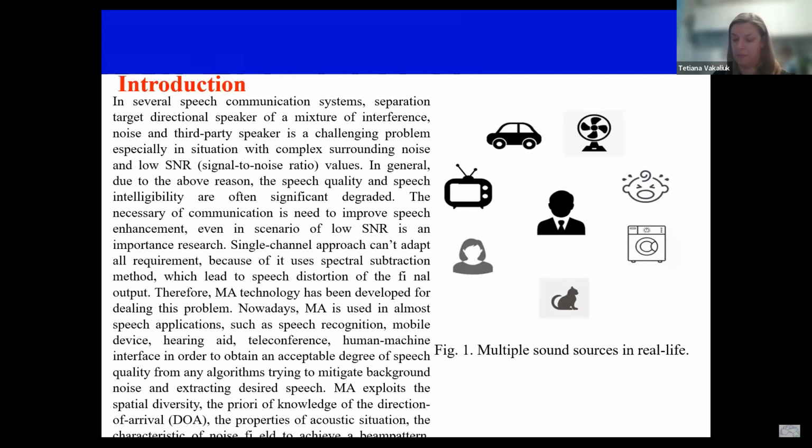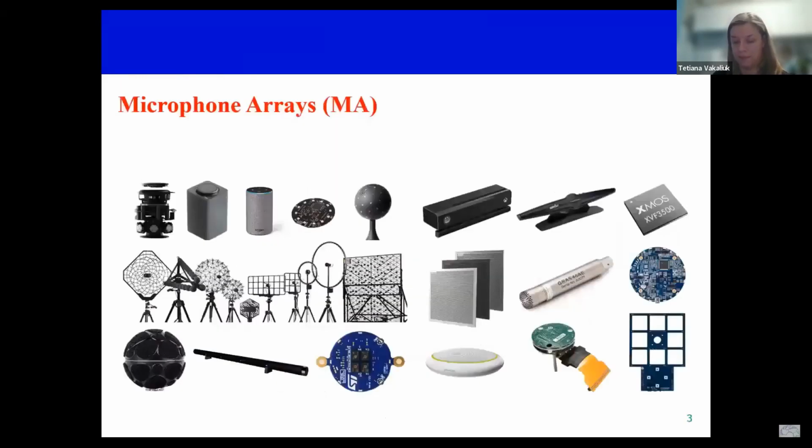Nowadays, microphone arrays are used in almost all speech applications such as speech recognition, mobile devices, hearing aids, teleconferencing, and human-machine interfaces, in order to obtain an acceptable degree of speech quality from any algorithm, trying to mitigate background noise and extract the desired speech.